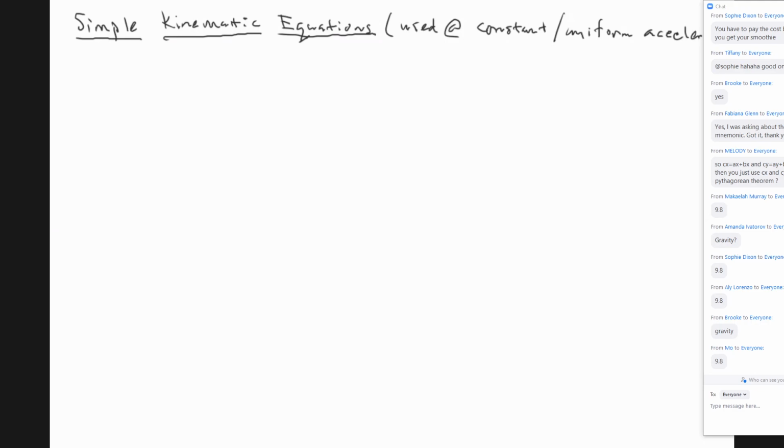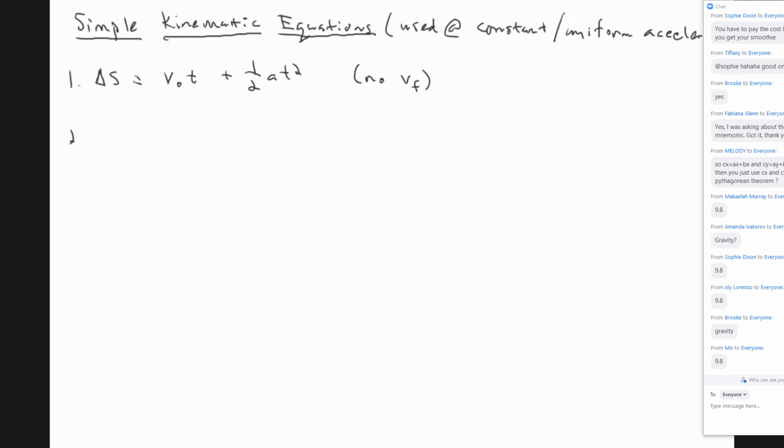Luckily for us, we have gravity, okay? So first kinematic equation: change in displacement is equal to initial velocity times time plus 1/2 times acceleration times time squared, right? And we use this equation when we're not given a final velocity, V final.